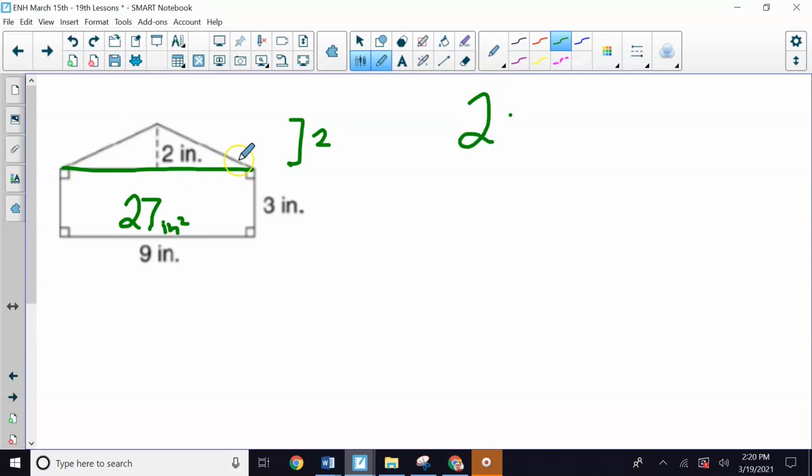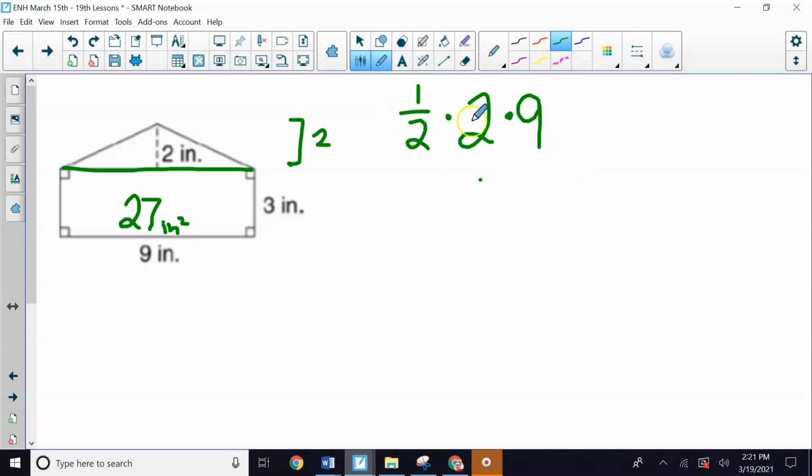Now what is the base though? It's the same as the other side of the rectangle. So this edge of the triangle is also the edge of the rectangle, and the opposite edge is 9. So that's how we can tell what the base is. Now I've got 2 times 9, base times height, and I'm missing something. So what am I missing? Yes, do not forget triangles have 1/2.